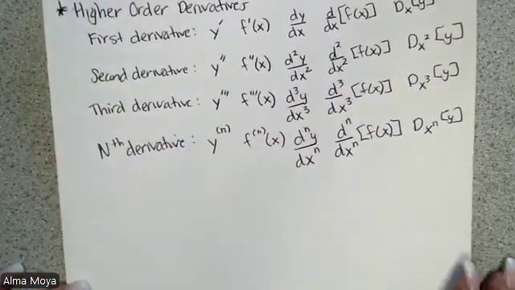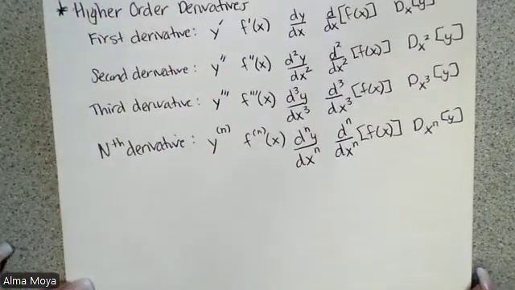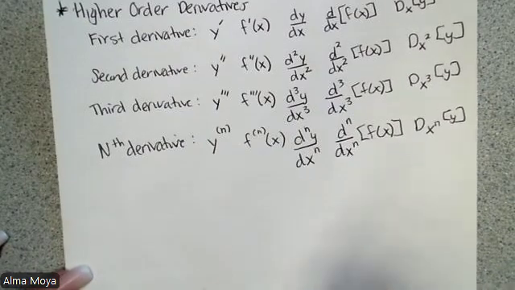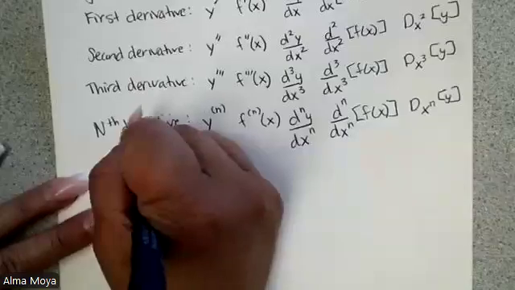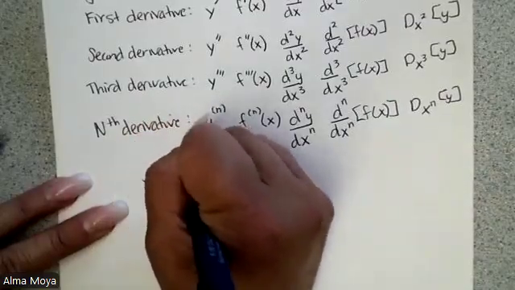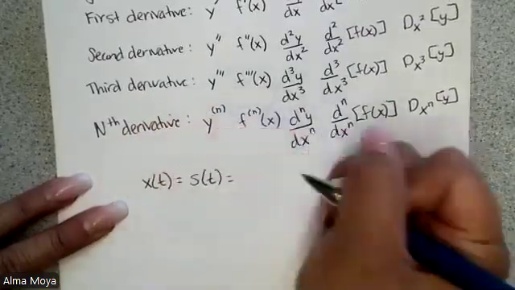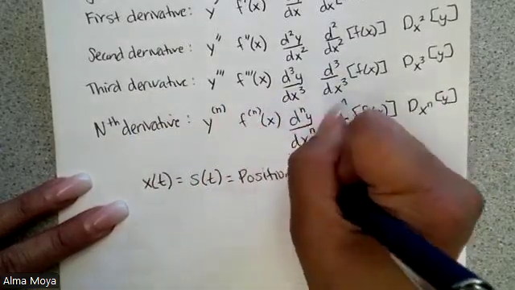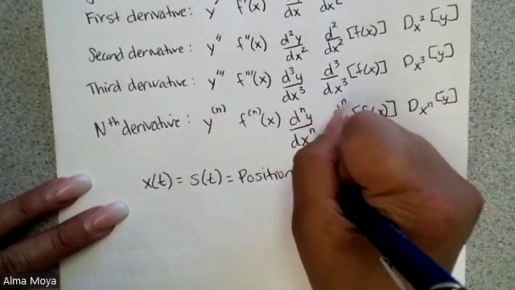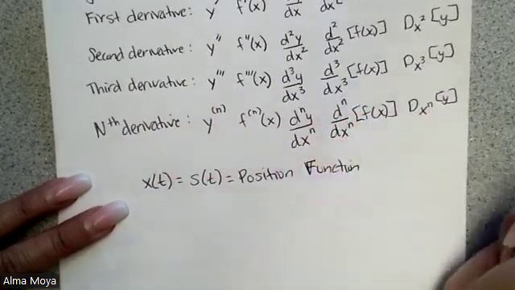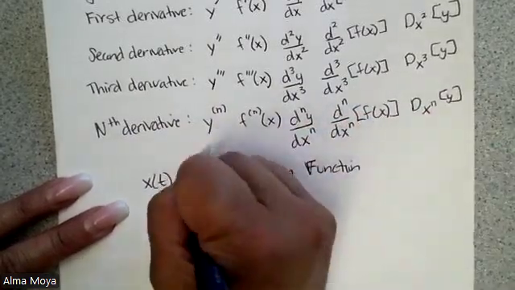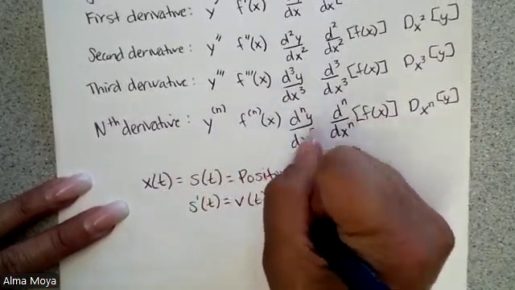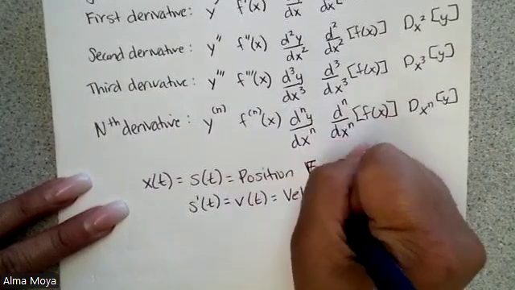When do we use this? We use it a lot when we do position to velocity to acceleration. Now, x of t, also known as s of t, that is known as the position function. If you take the derivative of the position, that is going to give me the velocity function.